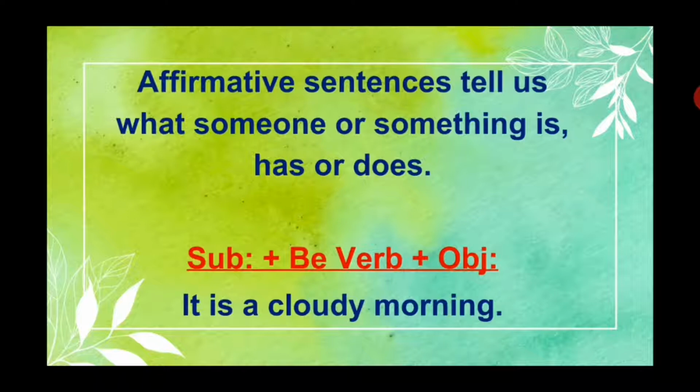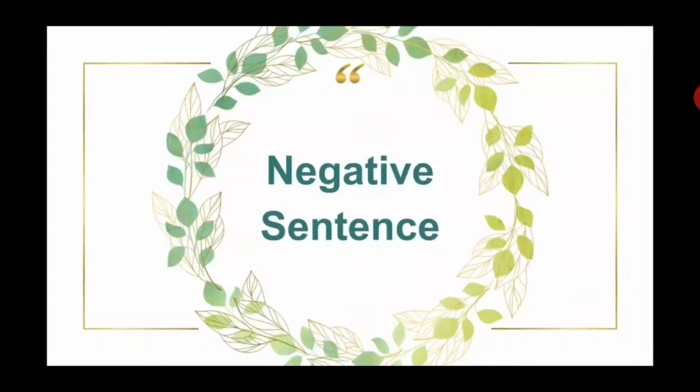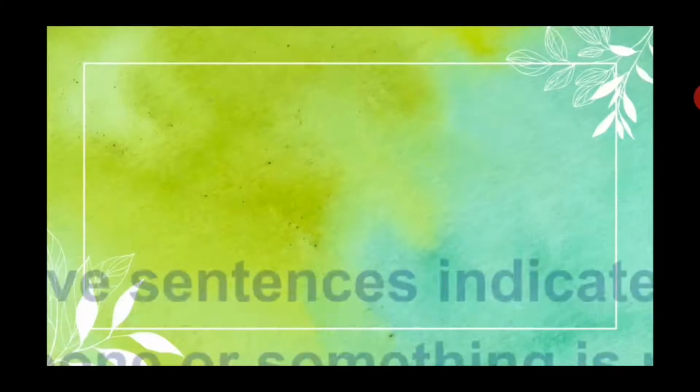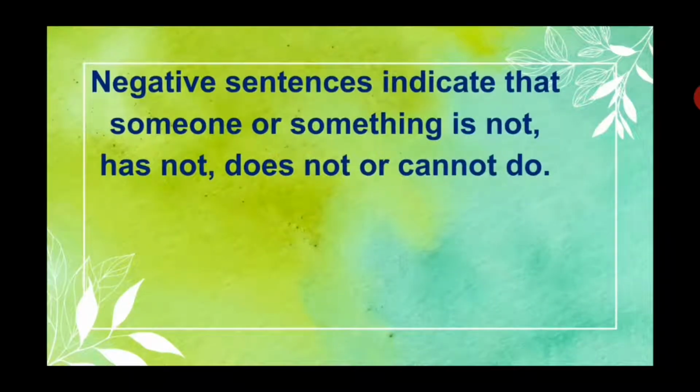It's an example, okay? So let's go for the negative one. How will negative form? What's the structure of it? Negative sentences indicate that someone or something is not, has not, does not, and cannot do anything else. So you are not going to do something, that's also part of this negative sentence.